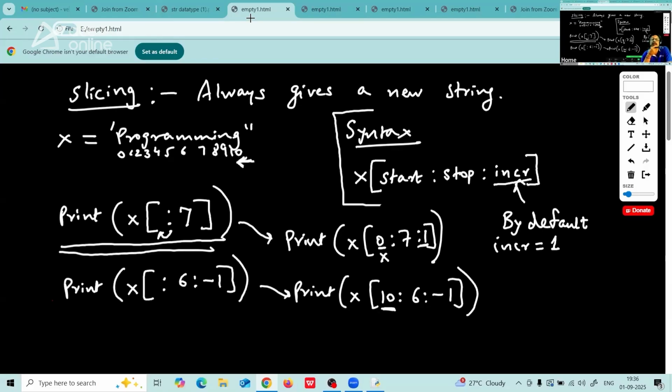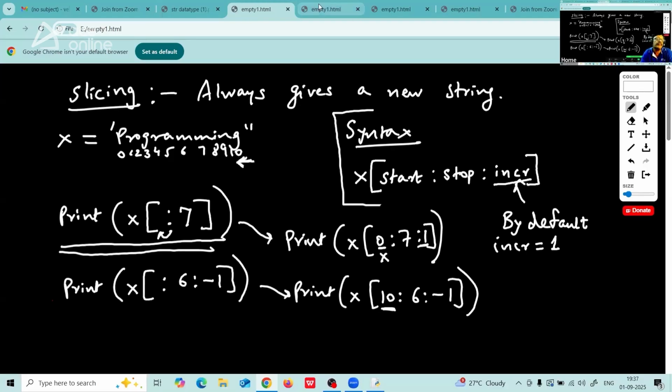Back up to which letter? Up to the 6th index, because stop is 6. So you are coming up to that index, but you are coming backwards. But backwards from where? From where you have to start and reach that stop. So Python automatically decides that the start has to be the end of the string. I hope this is understood about start.